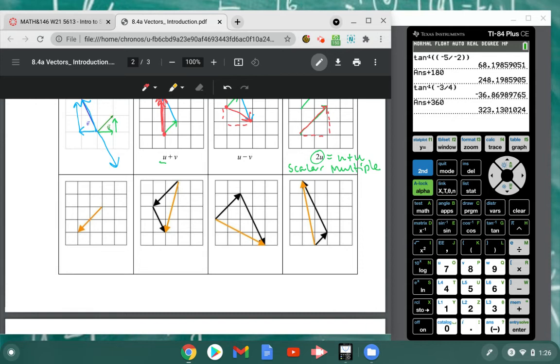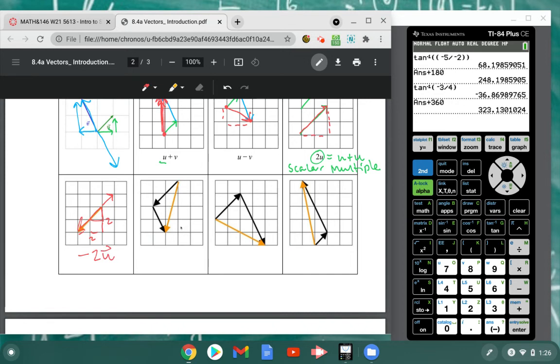The slope is negative, so it's going to be -1, 1. And notice how it's pointing in the opposite direction there. So I've switched the direction of u, and I have doubled its length. So this is going to be -2u.